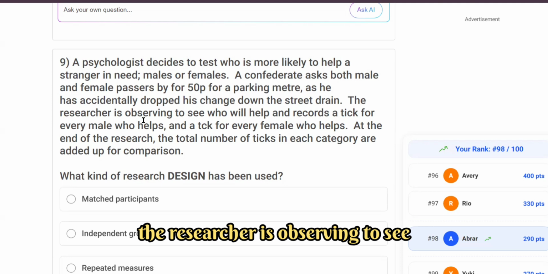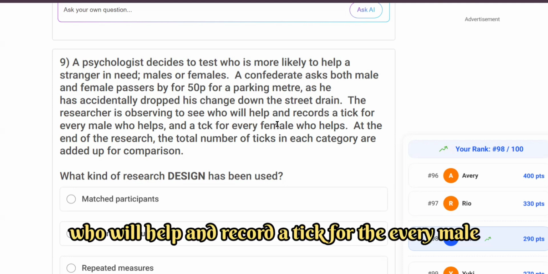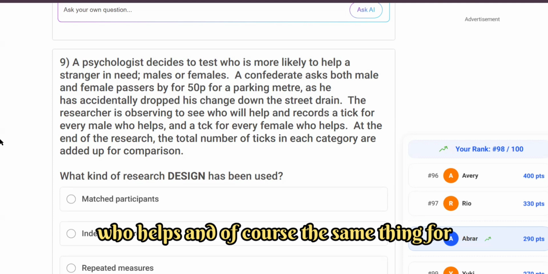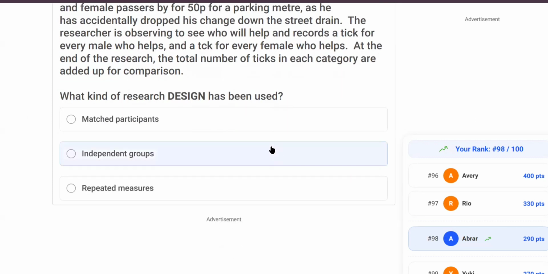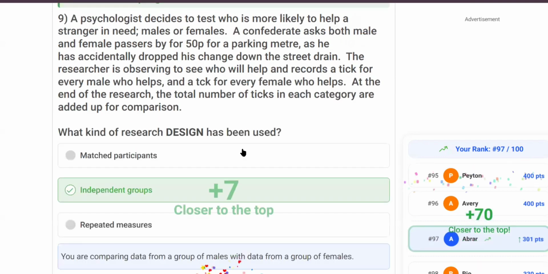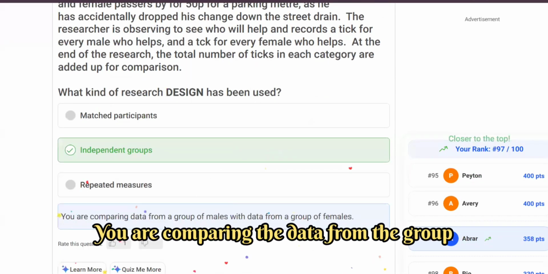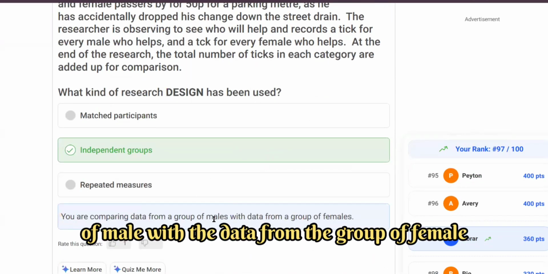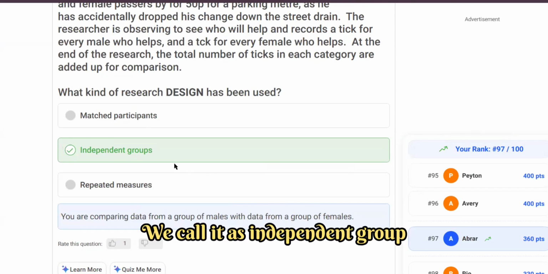The researcher is observing to see who will help and records a tick for every male who helps, and the same for female as well. So what are we talking about? We are talking about independent groups. You are comparing the data from the group of males with the data from the group of females. We call it independent groups.